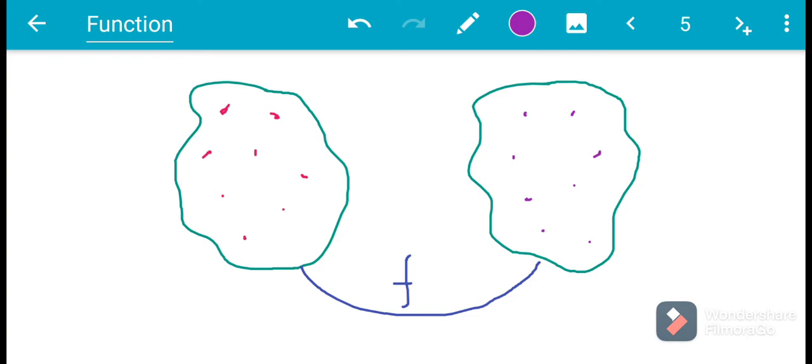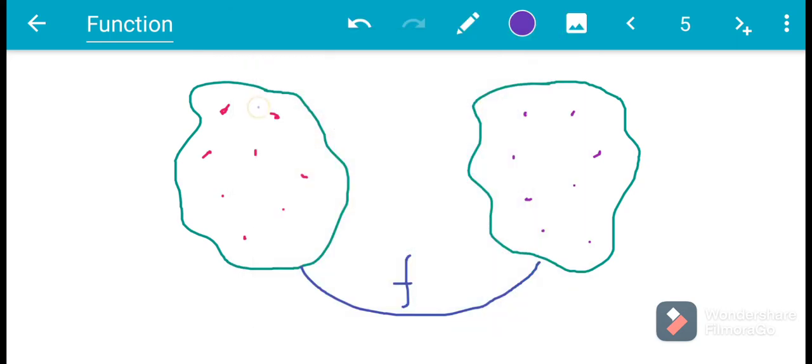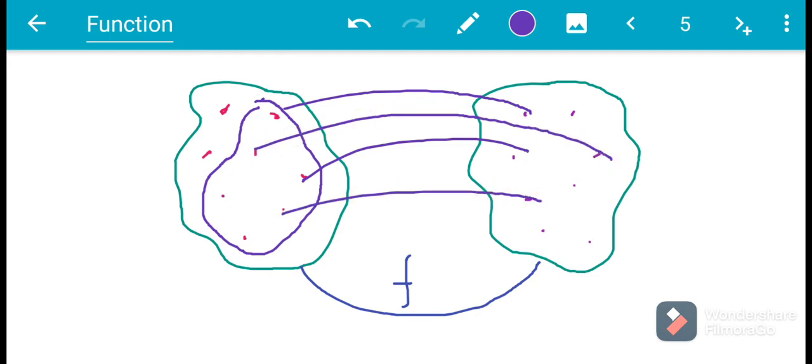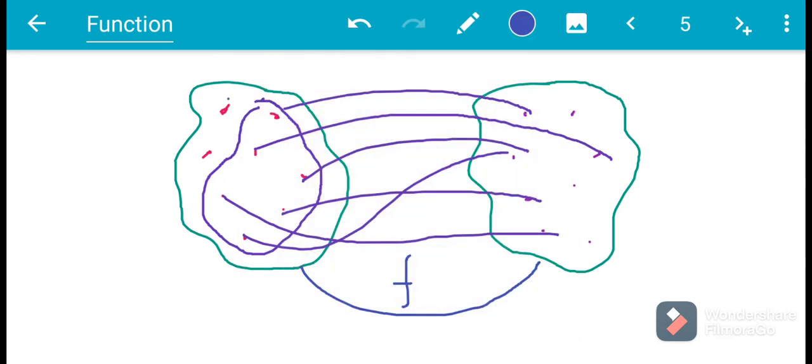Now suppose I have chosen these points, and every one of them is connected to some point of this set, and these 2 points are left out.